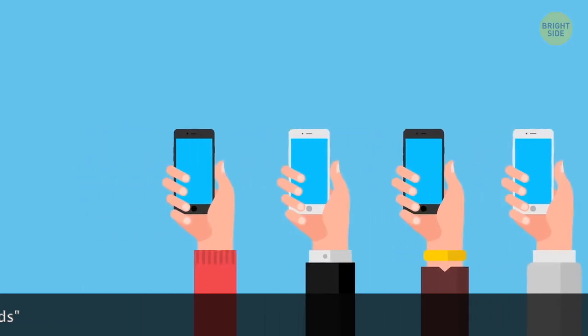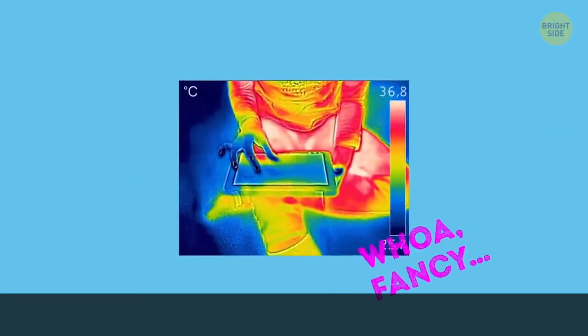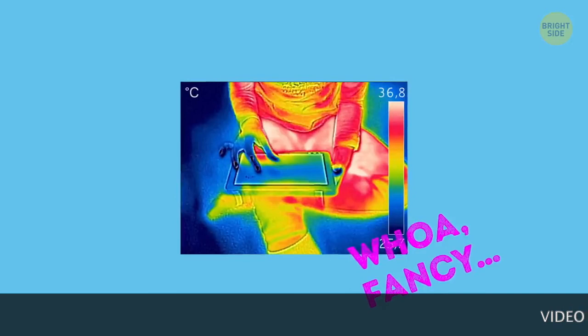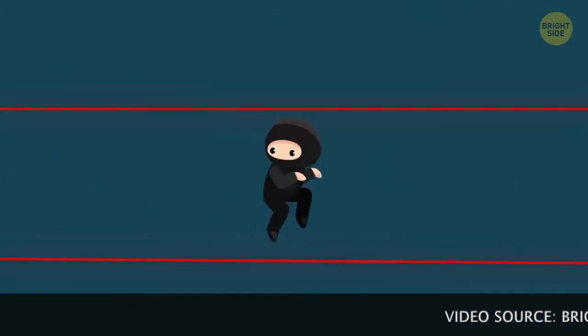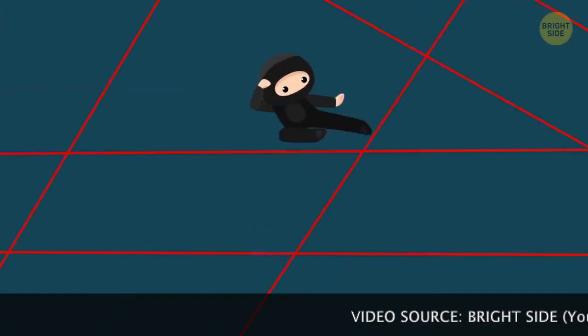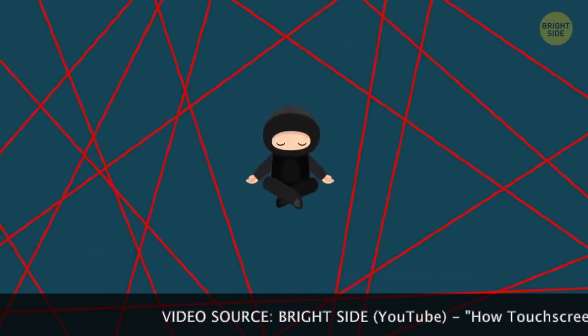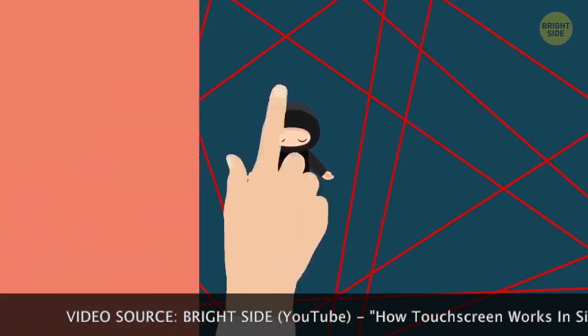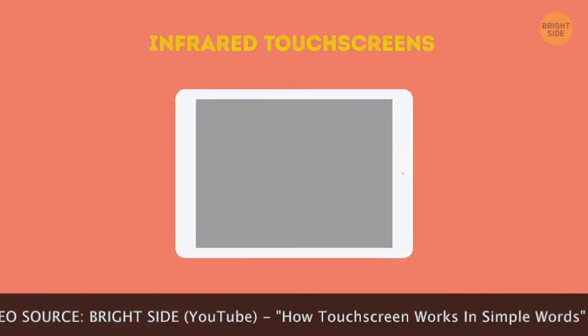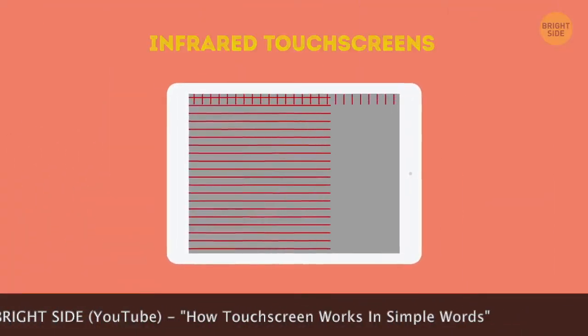Hey, ever heard of an infrared touchscreen? Whoa, fancy! Remember those action movies where the main character has to steal something from a highly protected room secured by a grid of infrared rays? Touch one of those rays and you set the alarm off. Well, similar technology is used in infrared touchscreens.